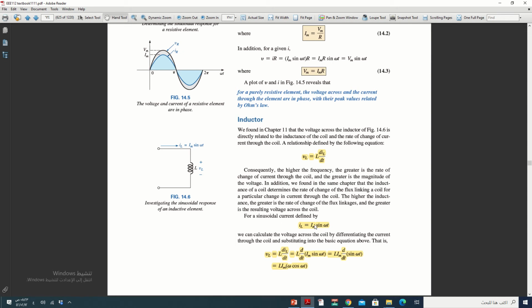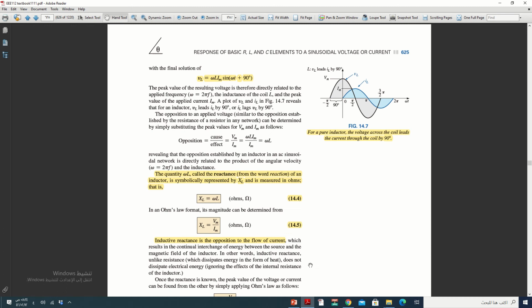We substitute the derivative of Im sine omega t. Im is a constant and goes outside of the derivative, and sine omega t becomes omega cosine omega t, since the variable is t and omega is considered a constant. It becomes L Im omega cosine omega t.